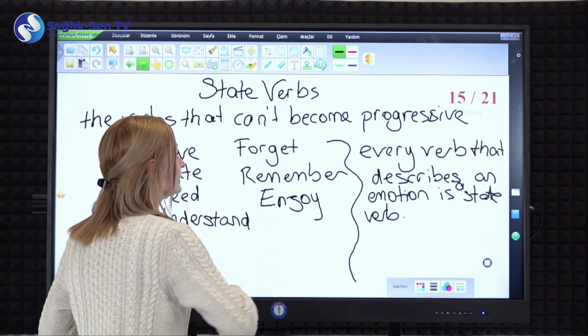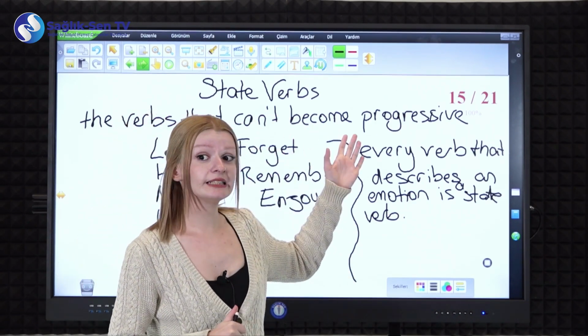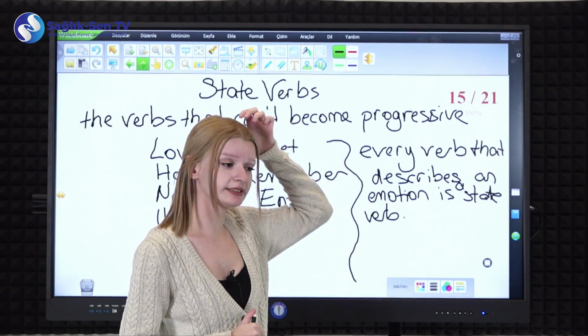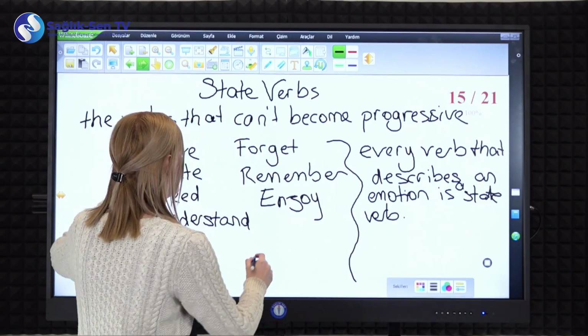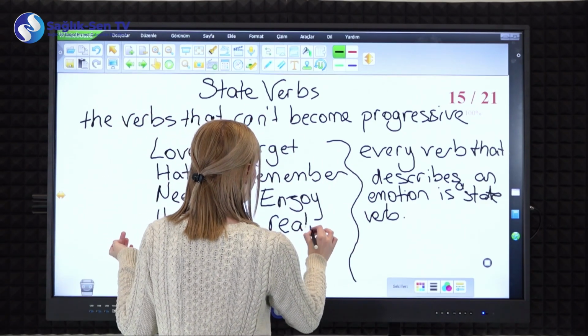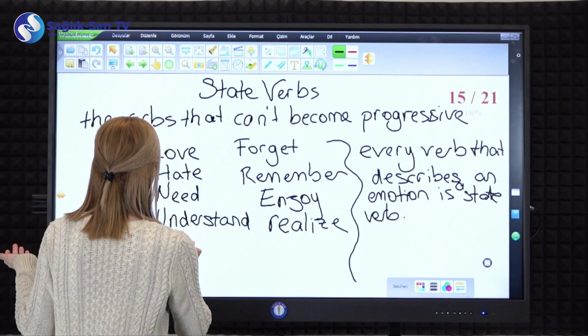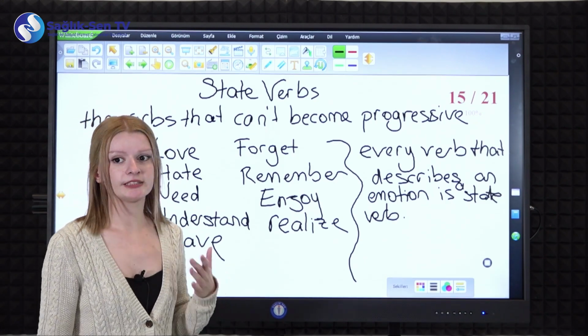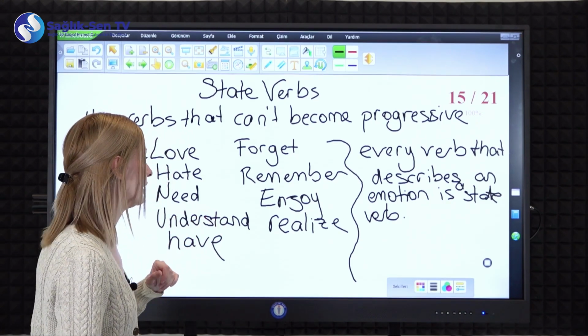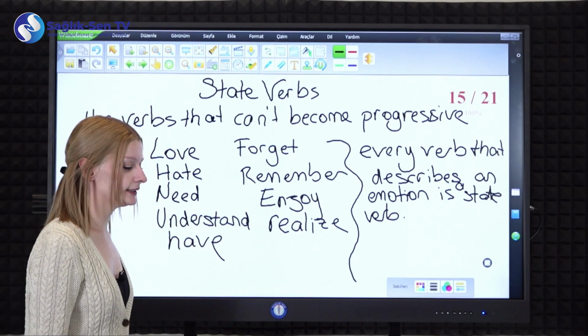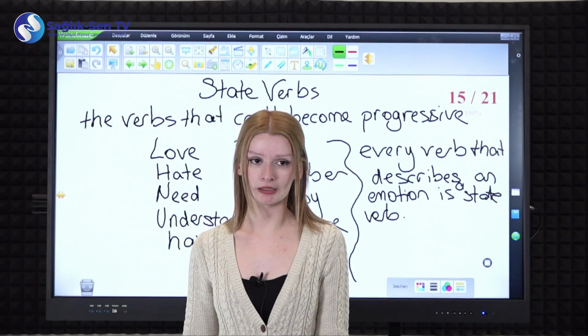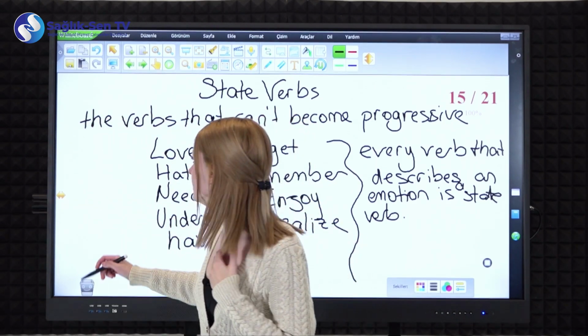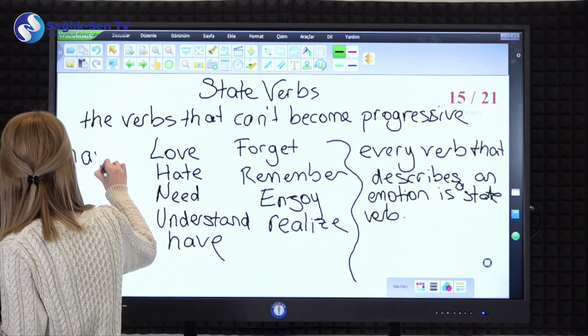Love, hate, things that indicate emotions, we said, realize, have. These are the verbs that cannot get ing, but we said that we have an exception. Bir istisnamız var, which is have.